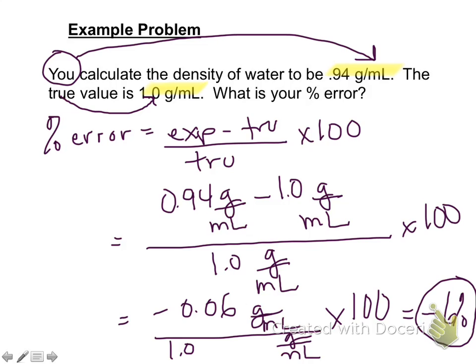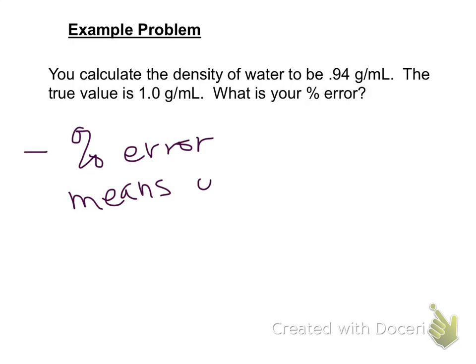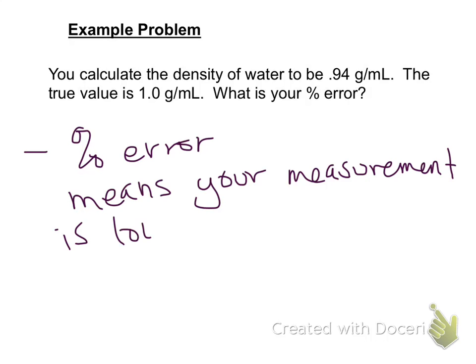So what does a negative percent error mean, and is that okay? The answer is yes. It's totally fine for you to get a negative percent error. We just did. A negative percent error just means that your measurement is lower than the true value.